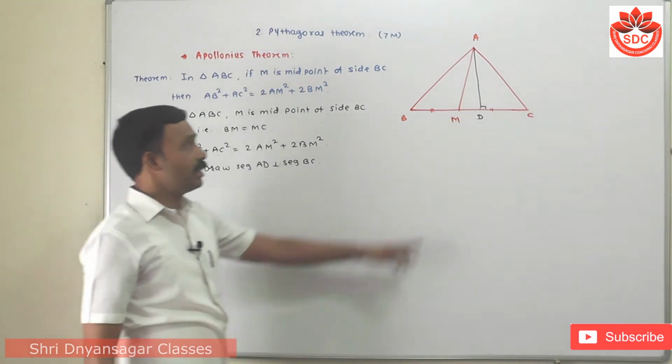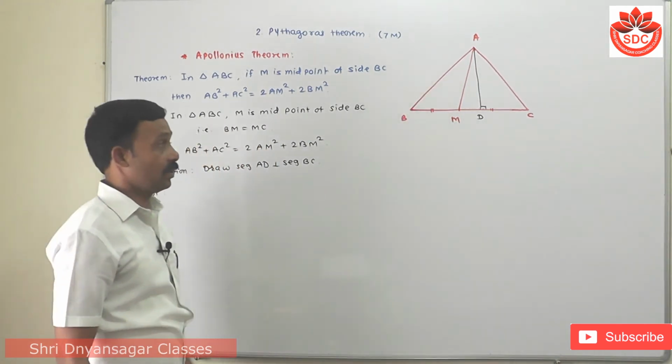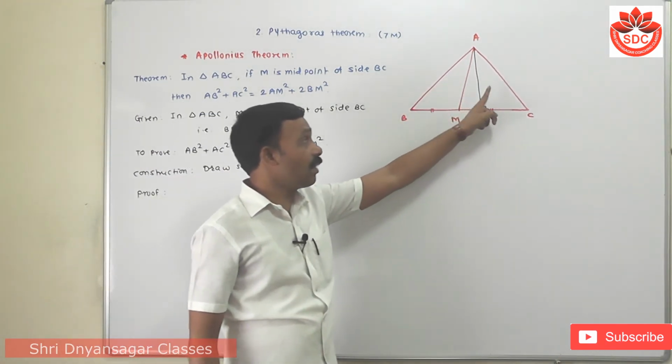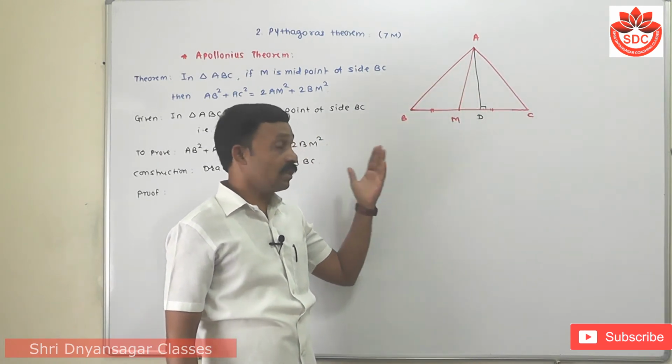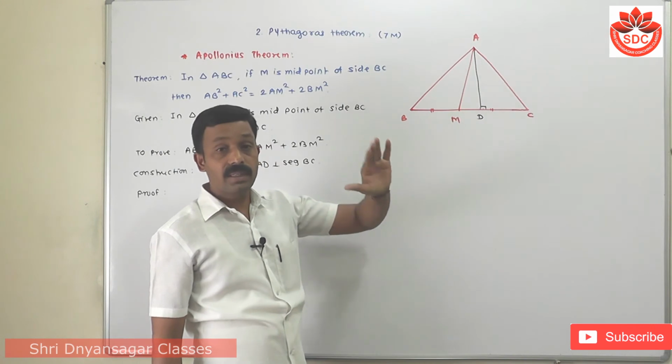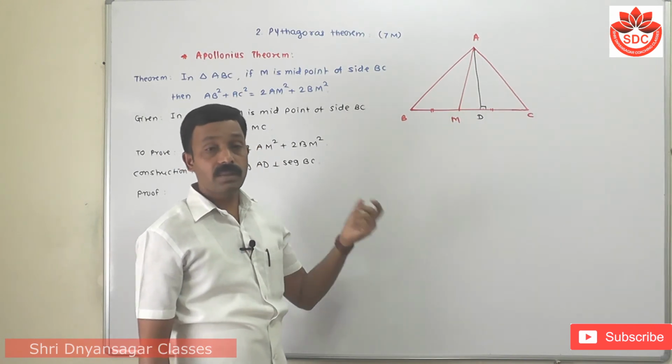Student, here AM is not perpendicular, so there are two triangles formed on either side of this segment AM, of which one is obtuse and one is acute. We use this property here.